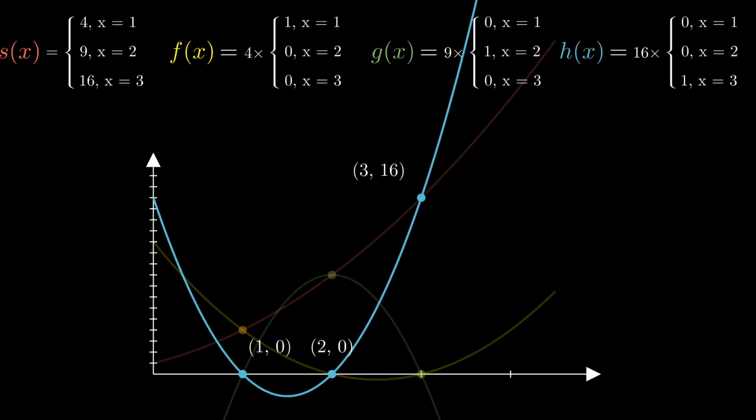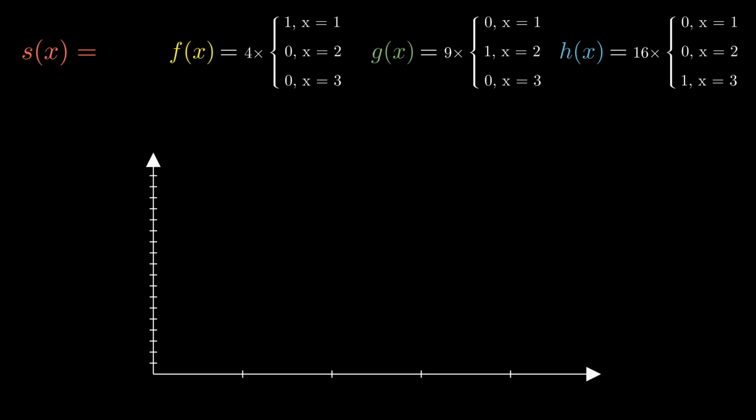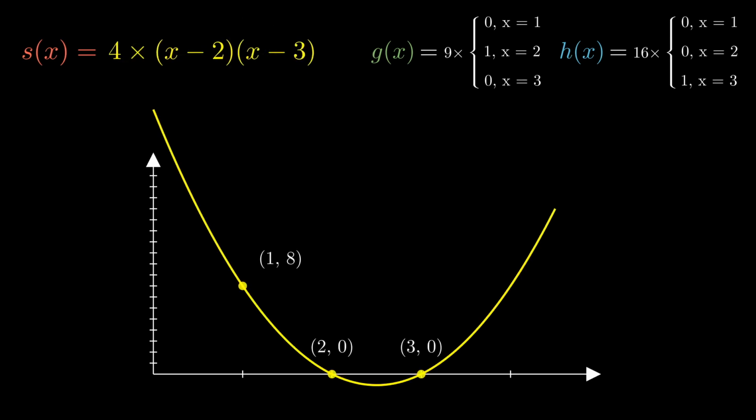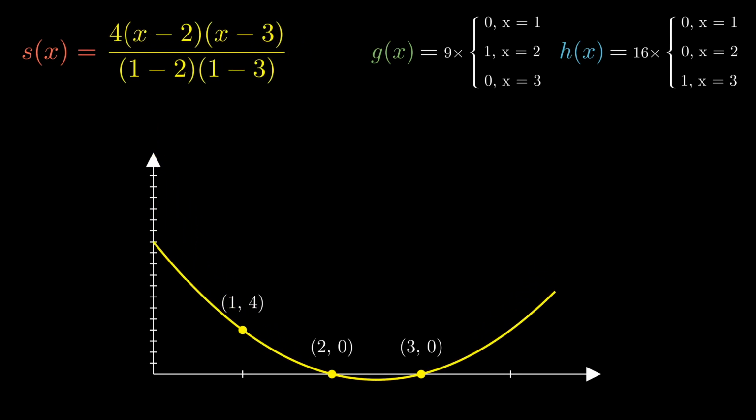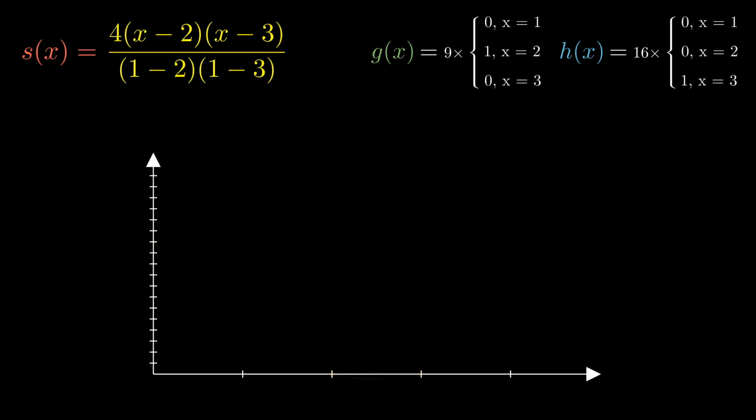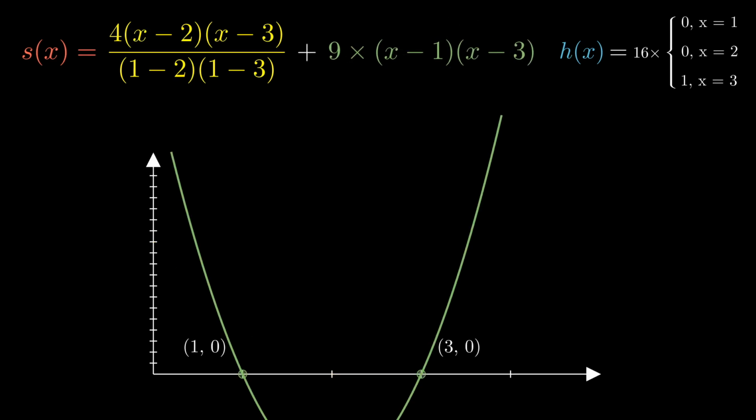Let's convert these quadratic curves into equations. We can write f(x) such that it is 0 at x equal to 2 and 3. For this equation, the value at x equal to 1 is 8. But as we want the value to be 4 at x equal to 1, we need to divide f(x) by 2. Similarly, we can write g(x) such that it is 0 at x equal to 1 and 3.